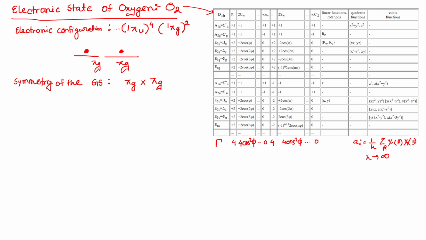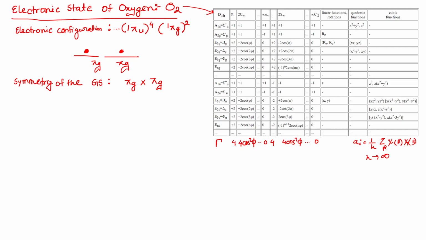The total number of operations is infinity, because an infinite number of operations are possible. So here we will use just a small trick. See that 4 cos square phi is there. And one more thing, it is g into g, so ultimately whatever you are going to get will have g symmetry.